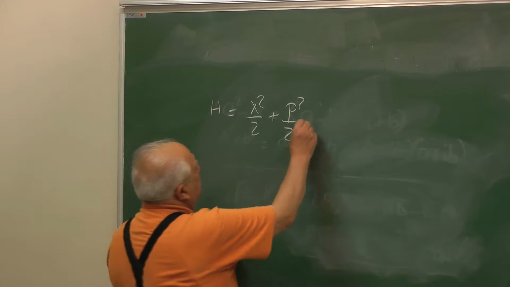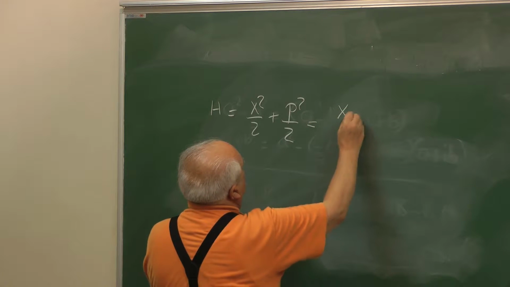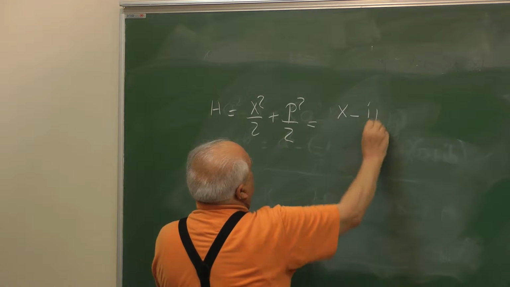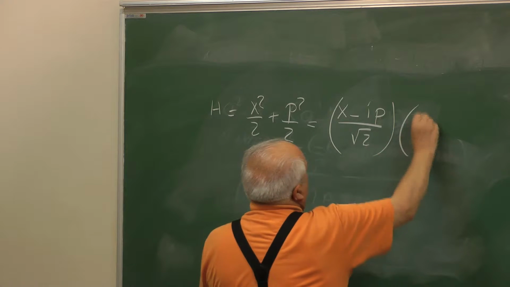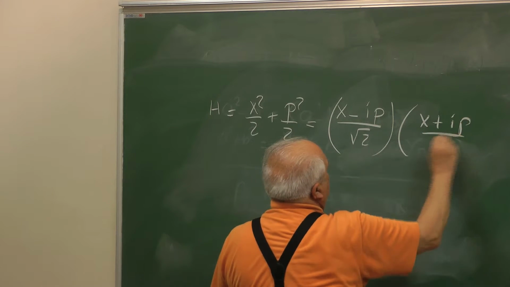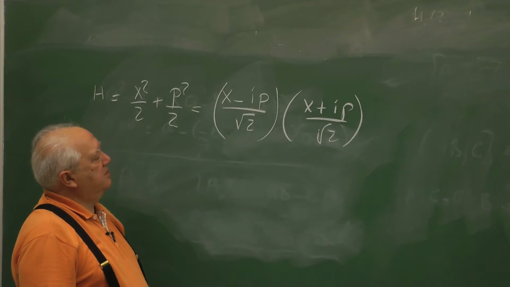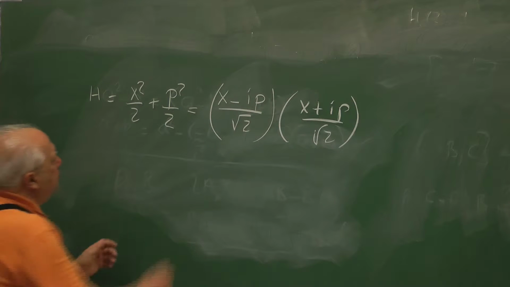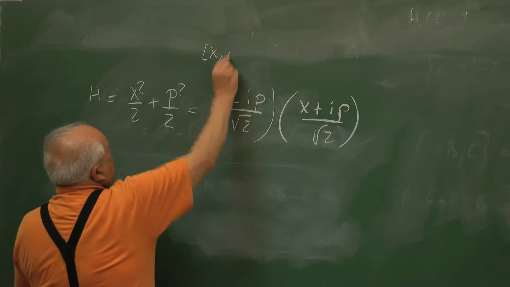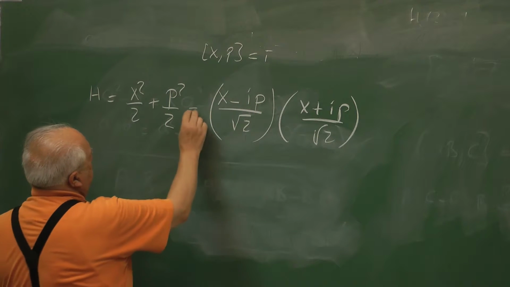Which we can write as (x minus IP over root 2)(x plus IP over root 2). If x and p were just numbers, then this would be okay. But they are operators and they do not commute. They have this fundamental commutation relation, equal to I. So this is not equal to that.